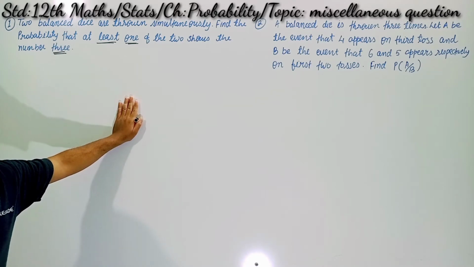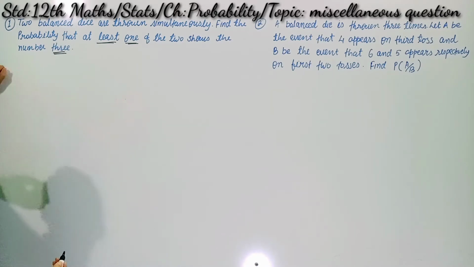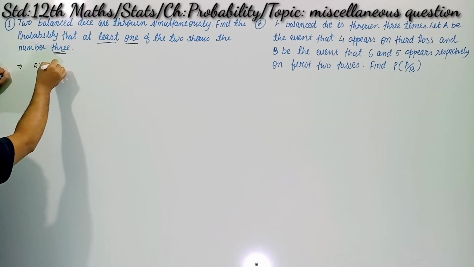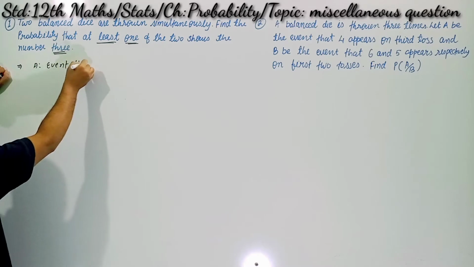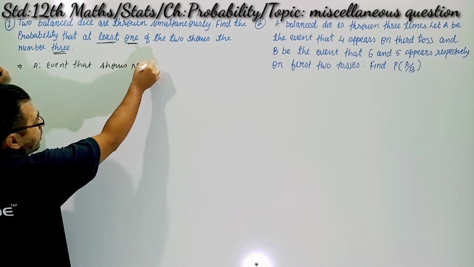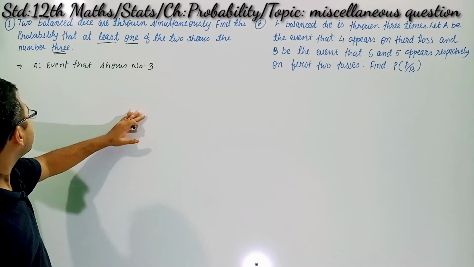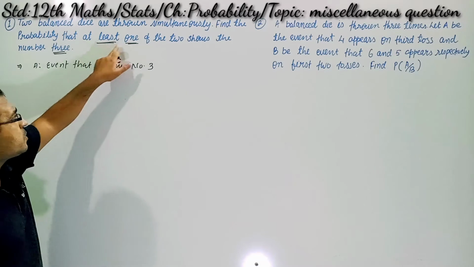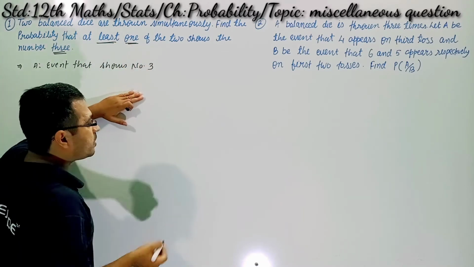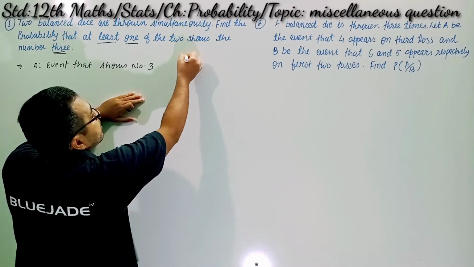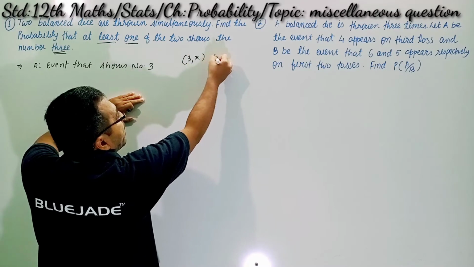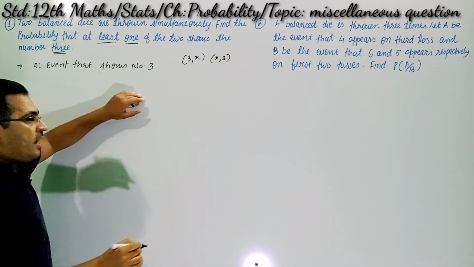So students, first of all consider A is an event that shows number 3, because friends, here it is given that the probability that at least one of two shows 3. If you are throwing the dice, the outcome may be 3 and x, or x and 3, and x is what?